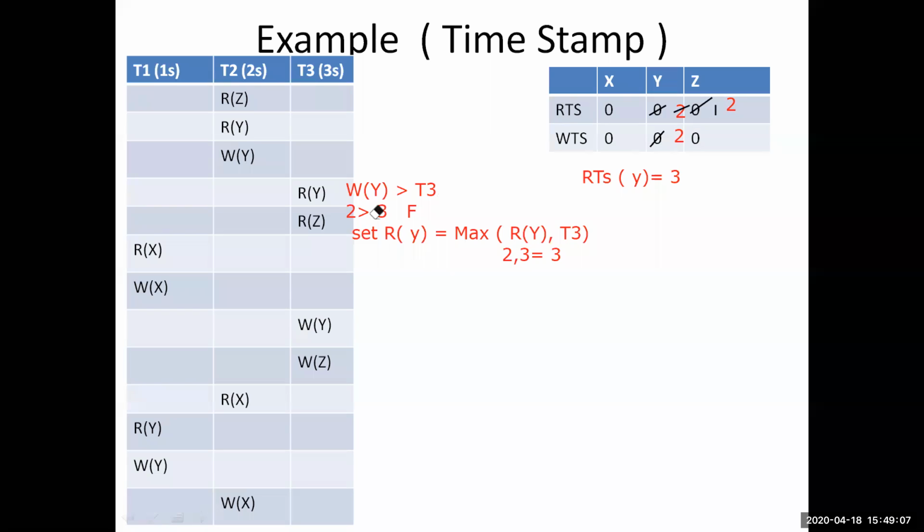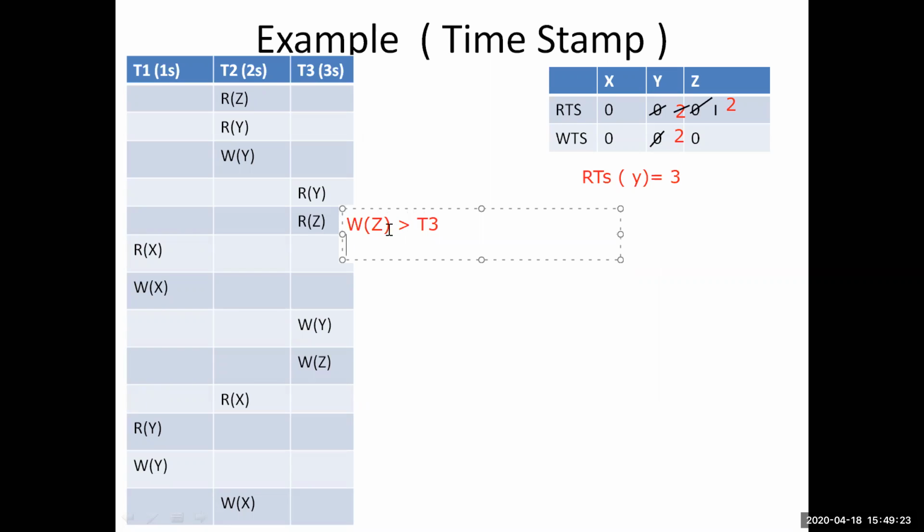Next, I'll check read of Z. For read of Z, I need to check the write of Z condition. Is the write timestamp of Z greater than the timestamp of T3? Initially it is 0. Is it greater than 3? It is false.